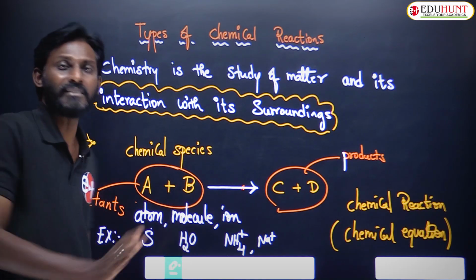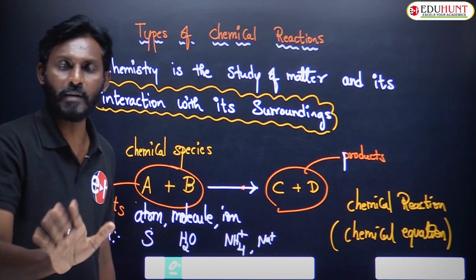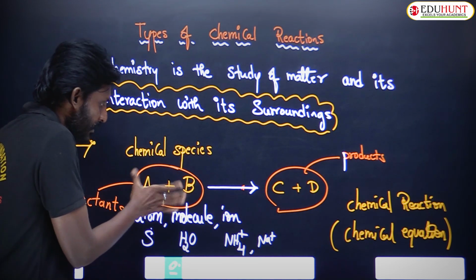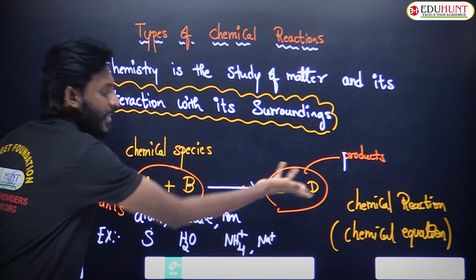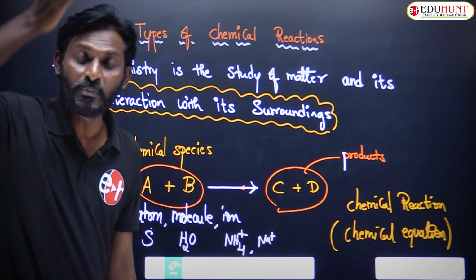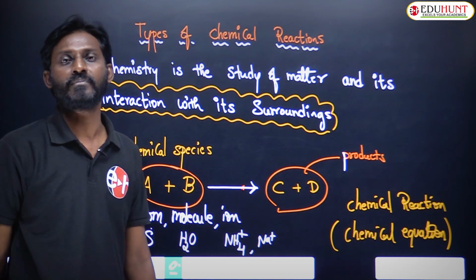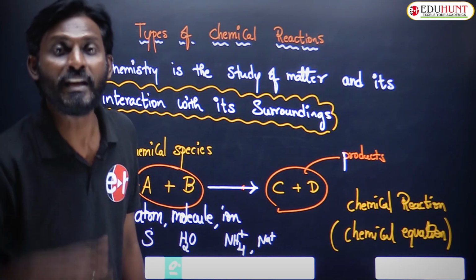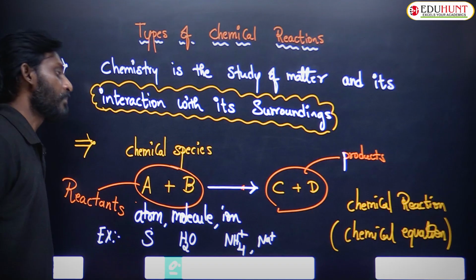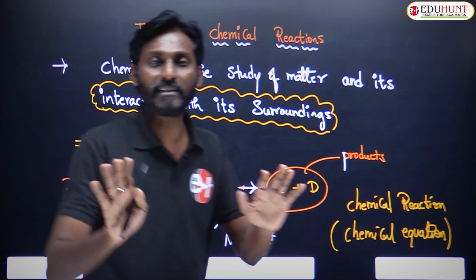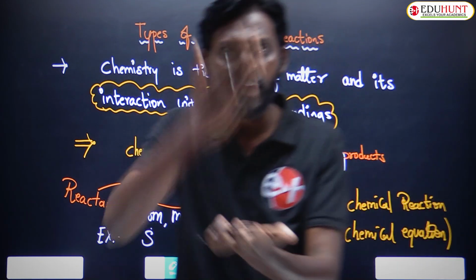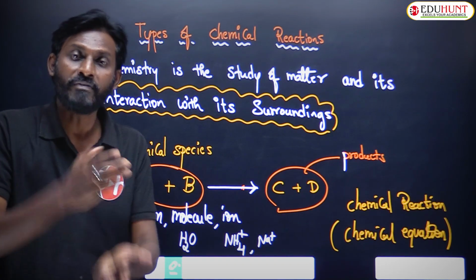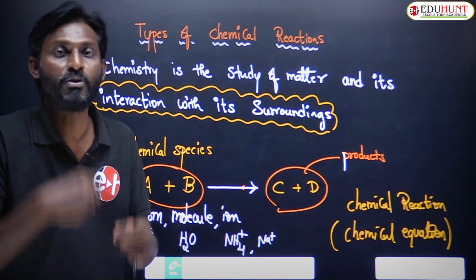To convert this chemical species into another chemical species, you have to break the existing bond and form a new type of bond. So fundamentally, in any chemical reaction, what happens is bond breaking and bond making: there is the breaking of existing bonds and the formation of new bonds.